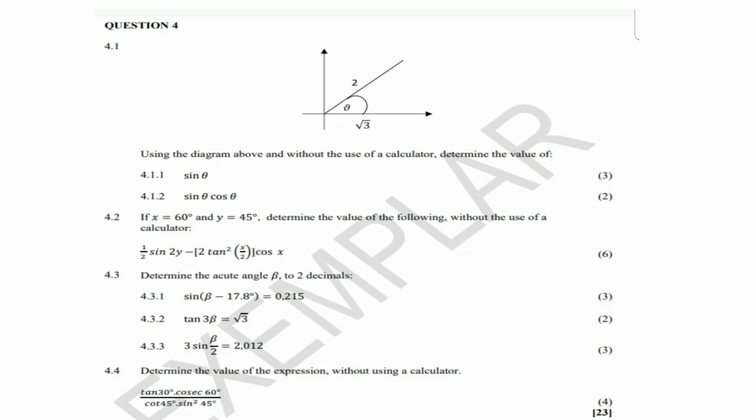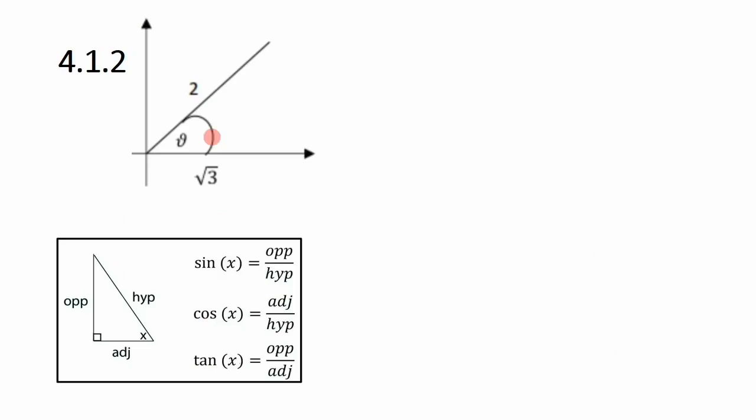Now, okay, for 4.1.2, we are required to determine the value of sine theta times cos theta. So you will remember from the previous question that we have 1 here, which is our y. The sine theta we've already calculated, that's opposite over hypotenuse, which is 1 over 2.